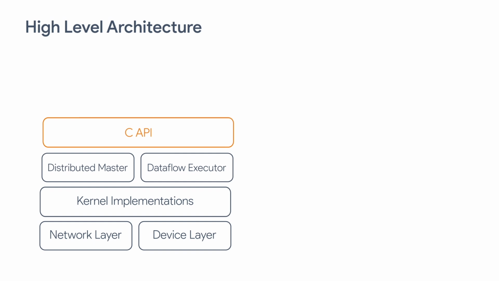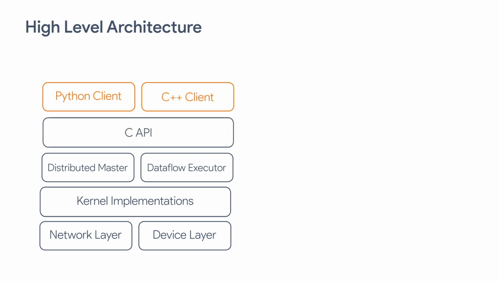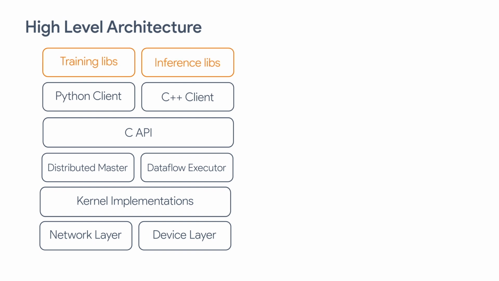The fourth layer exposes all the functionalities as an API, which is implemented in C. C is chosen because it is fast, reliable, and can run on any operating system. The fifth layer extends support for Python and C++ clients. The last layer has training and inference libraries implemented in Python and C++.